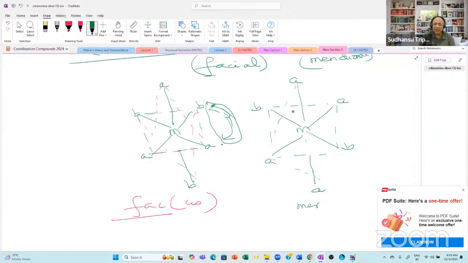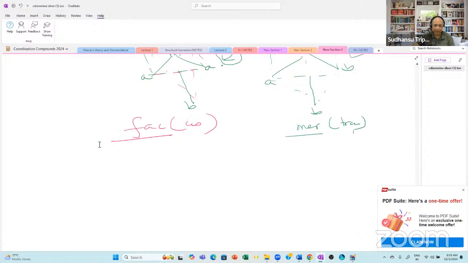Also BBB, if you draw it, that also will pass through the central metal, because two B's are trans. The moment you keep two of the three trans, automatically that plane will pass through the metal atom. So this is mer. Some people call it trans. We will say fac and mer.